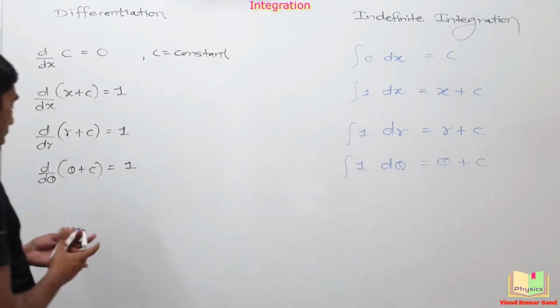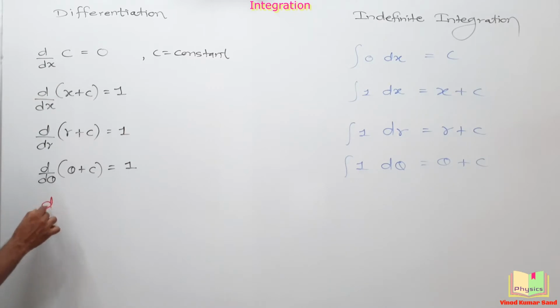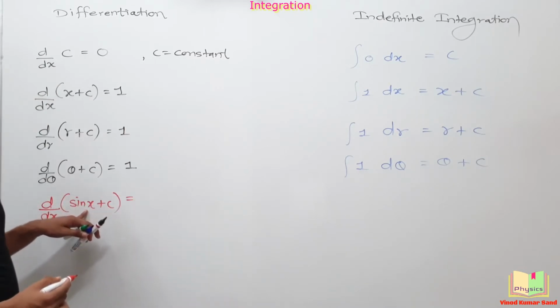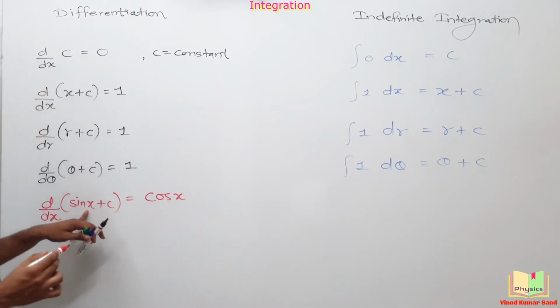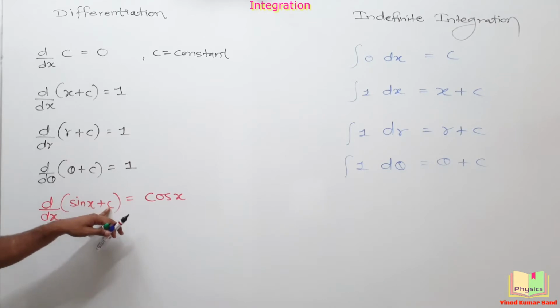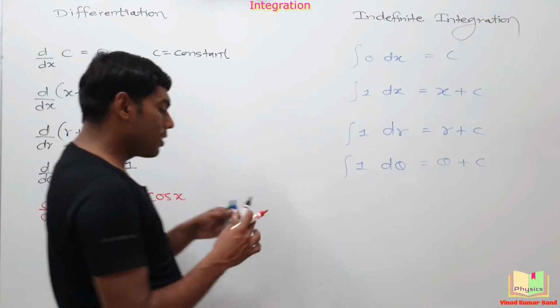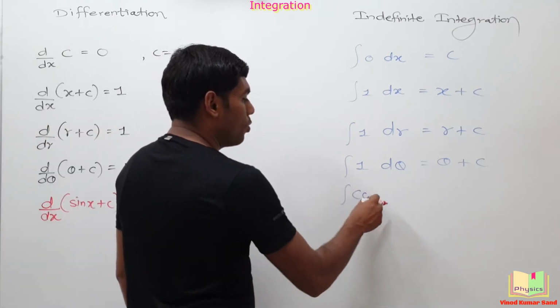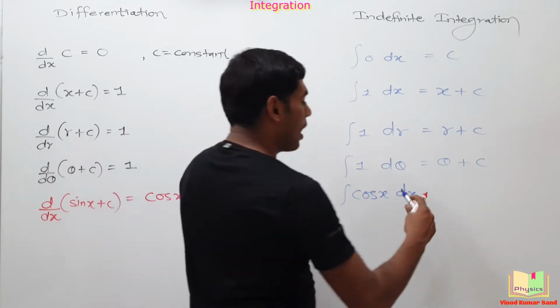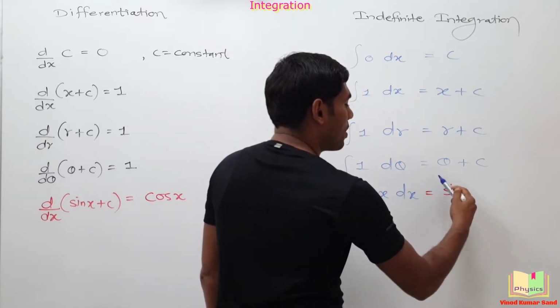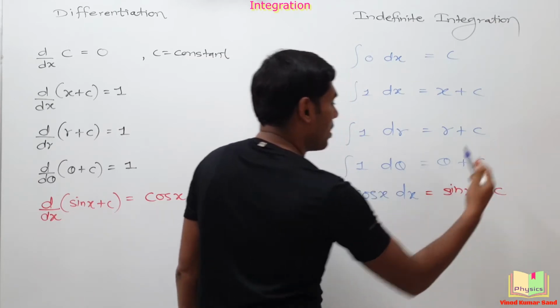Another example, let's say we differentiate sin x. The differentiation of sin x, you know, is equal to cos x, and differentiation of c is 0. Now, if you integrate this cos x with respect to the variable x, then your answer will come out to be sin x plus c.